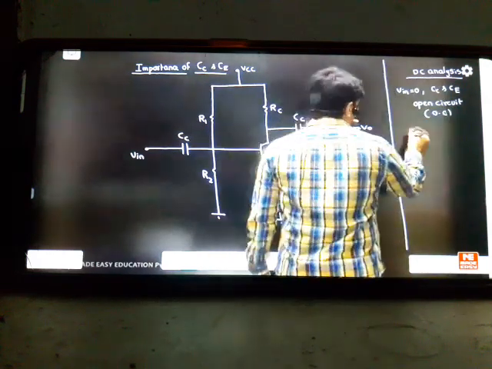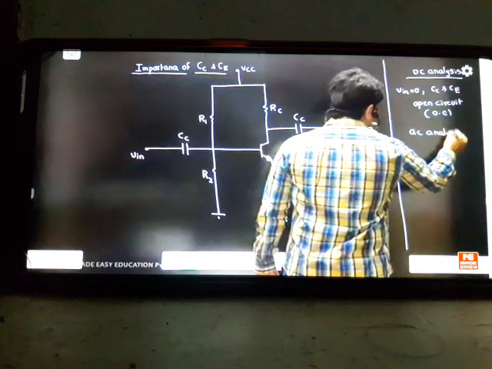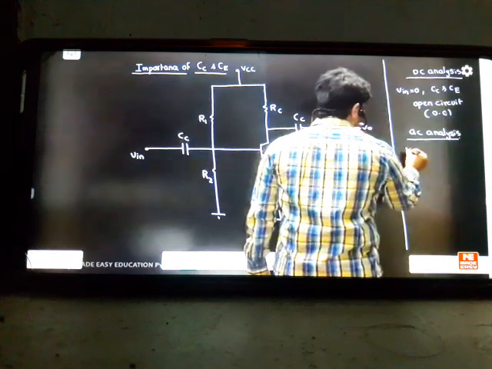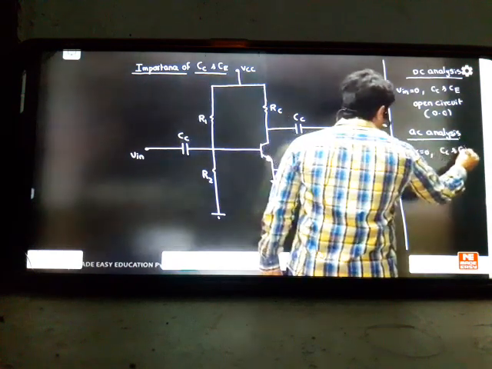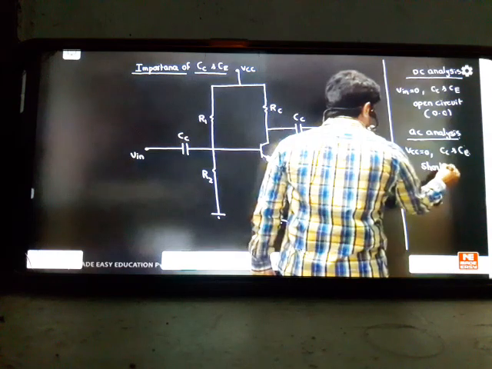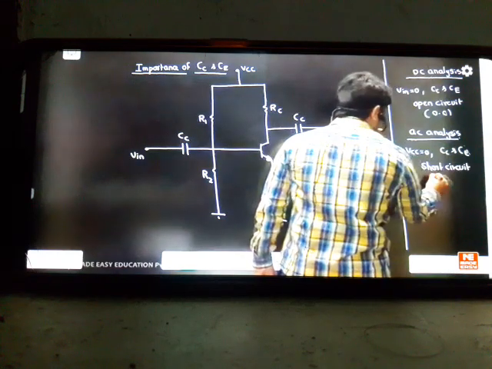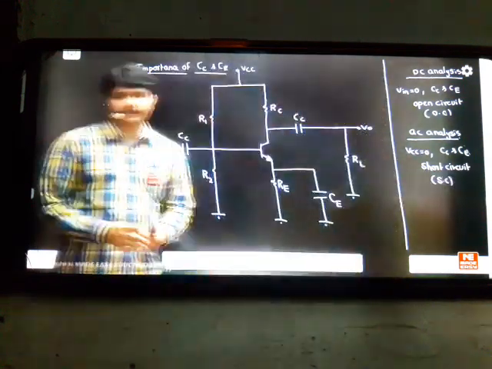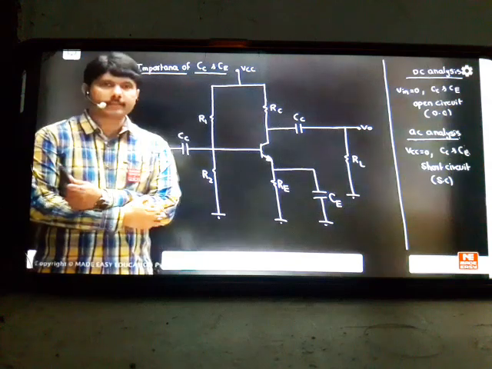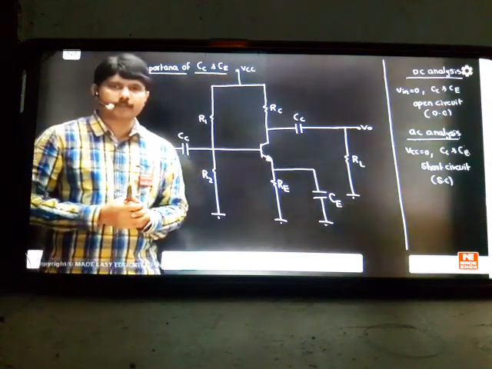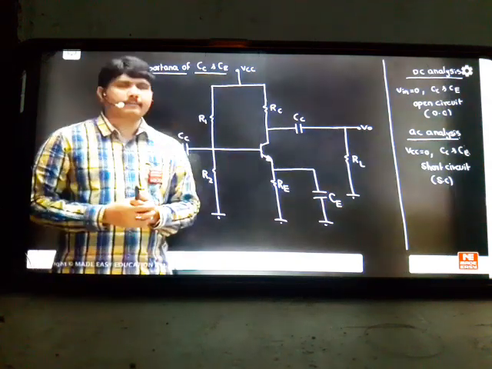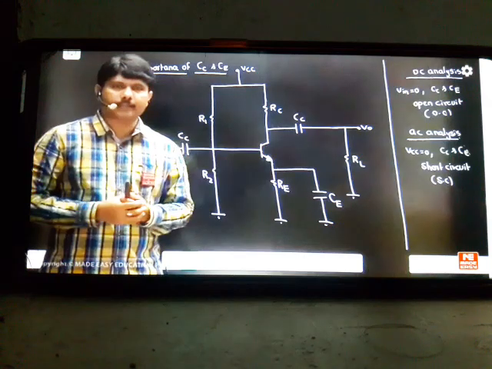If I go for AC analysis, the rule is that VCC should be ground, and the coupling capacitor and bypass capacitor should be short circuit. Please never forget these principles. With this the total game will be completed. Only these 2 points written on the side. When you do the DC analysis first, make AC ground, since we are applying the superposition theorem. At the same time, make whatever capacitors you see open in the DC part, because in DC capacitors will be open.